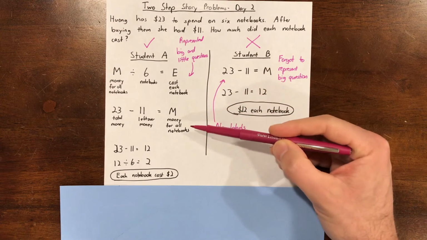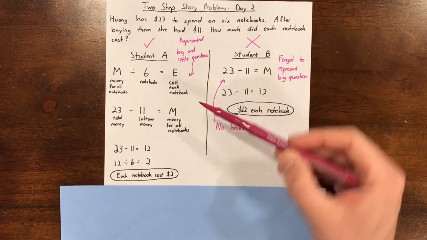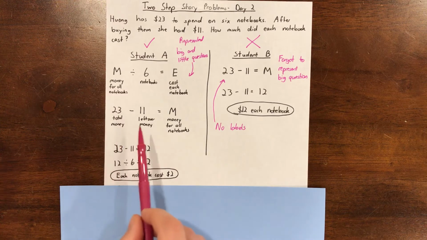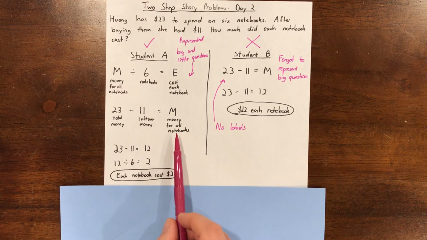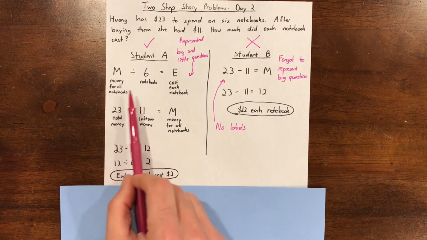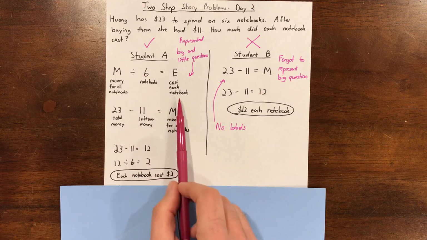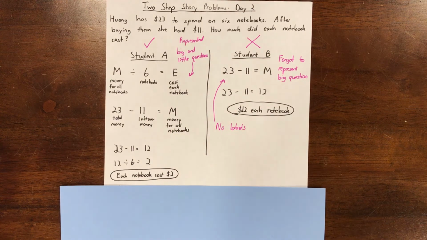Right? First, we have to find how much money was spent on notebooks, and we can find that by taking the total money and subtracting the leftover money. That will tell you how much Huang spent on notebooks. Then we can take the money for the notebooks, divide it by 6, and find out the cost of each notebook. And that's what the question is asking us to find.